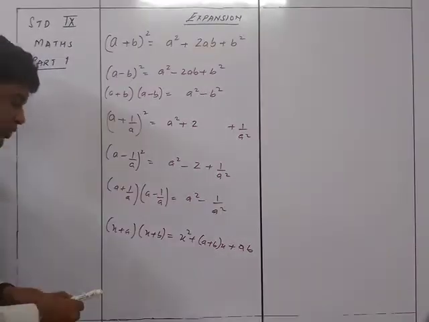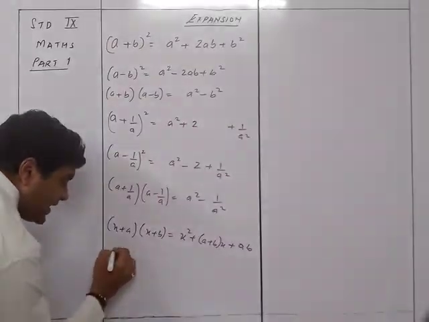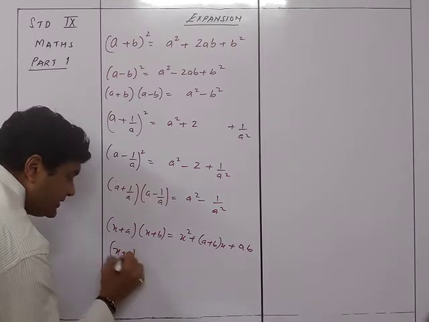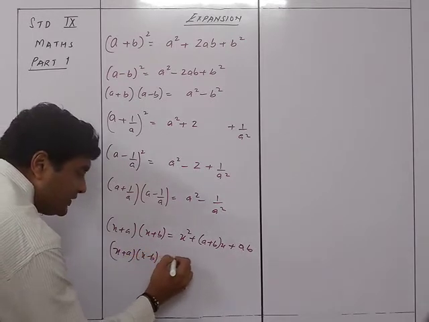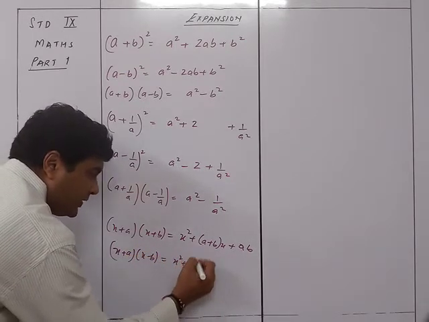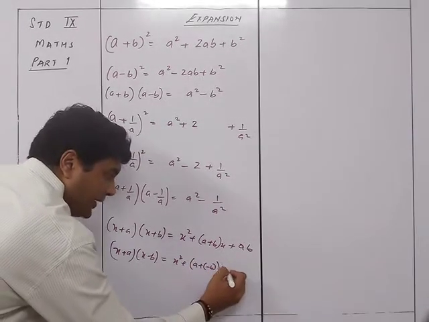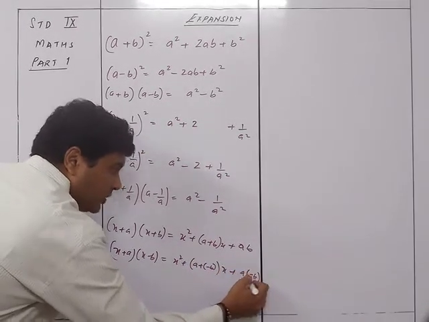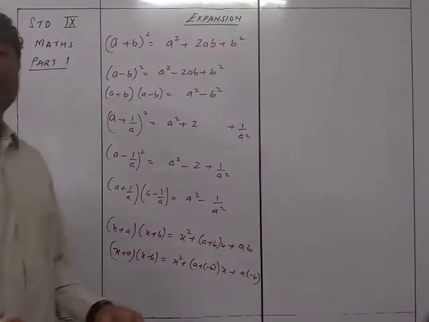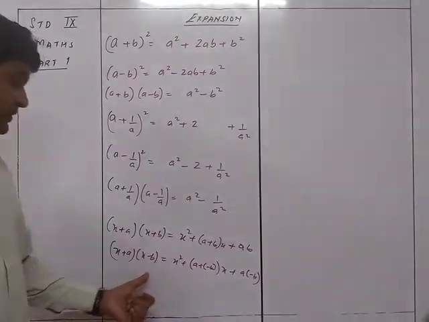For example, if this is x plus a and this is x minus b, what we'll do is take the x square, and here a plus minus b into x, plus a into minus b. So you don't need to learn different formulas if you use it this way, okay?